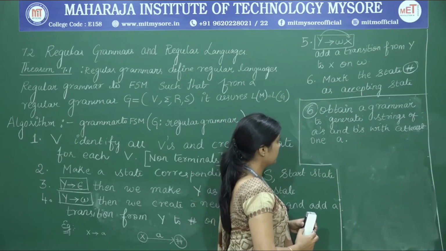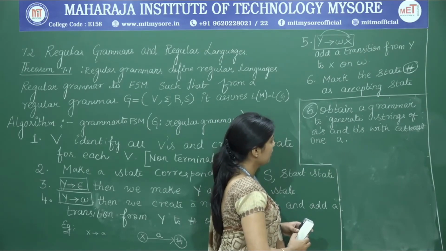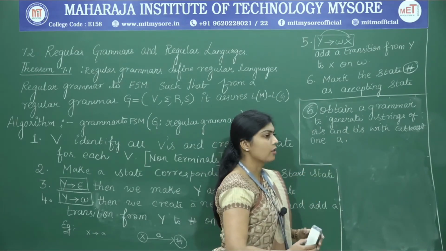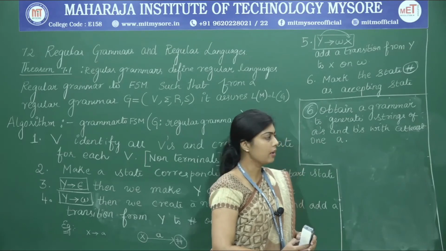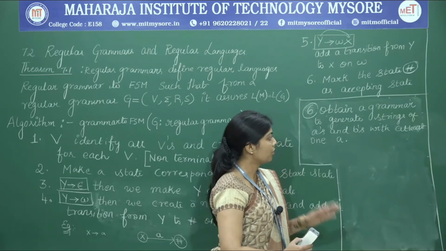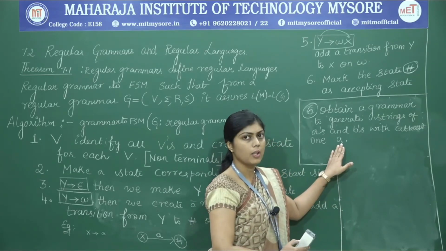We have to obtain a grammar to generate strings of A's and B's with at least one A. They do not place a constraint on how many A's and B's there are altogether. There can be any number of A's and B's, but that string should have at least one A.